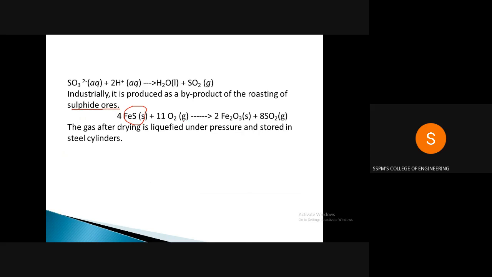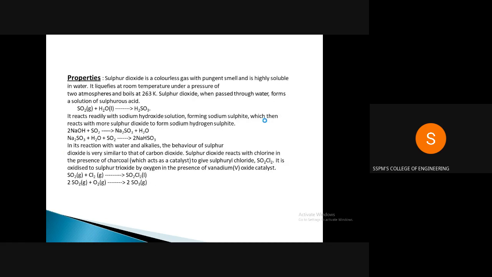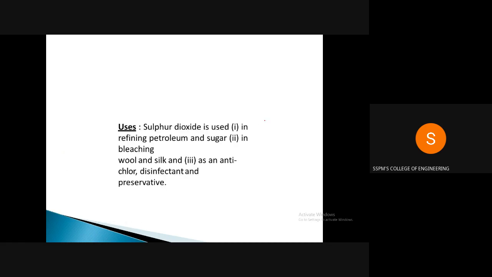So sulfide ores are roasted and sulfur dioxide is formed. Sulfur dioxide is used in refining petroleum, sugar, and in bleaching. These are important uses.